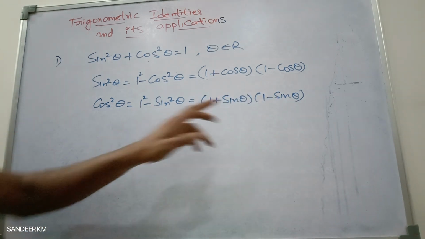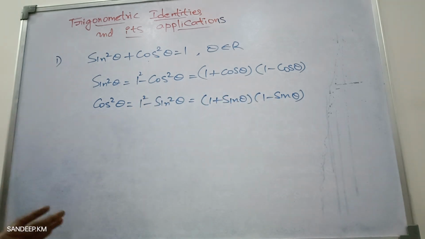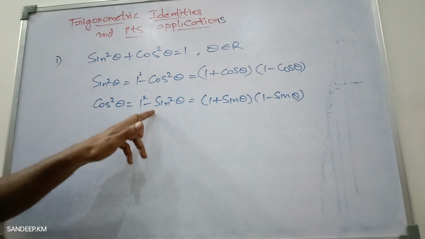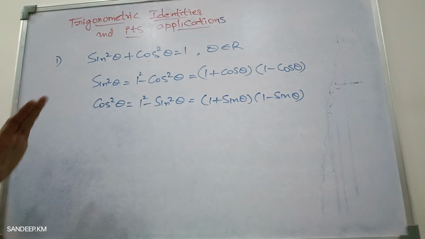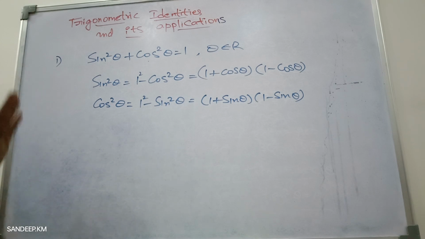The same way, if you find 1 minus sin theta, it might be helpful if you multiply with 1 plus sin theta. Keep this in mind. I'm not saying whenever you find it, you do just this. I'm not saying that. It might be helpful. So remember this. 1 plus sin theta into 1 minus sin theta is 1 minus sin square theta, which is equal to cos square theta. So this is how you can use the first identity while solving the problems.